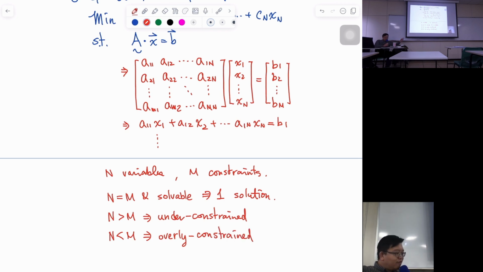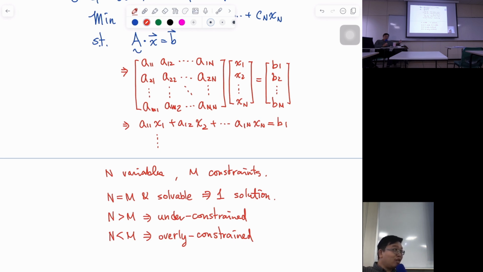If you have a lot more equations defining the relationships between fewer variables, you are overly constraining the situation. But if you have a lot more variables than the number of equations, that means you are under constrained.